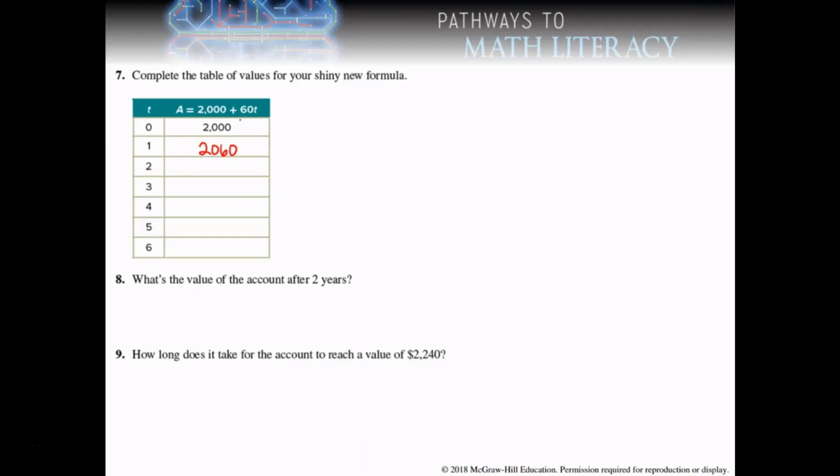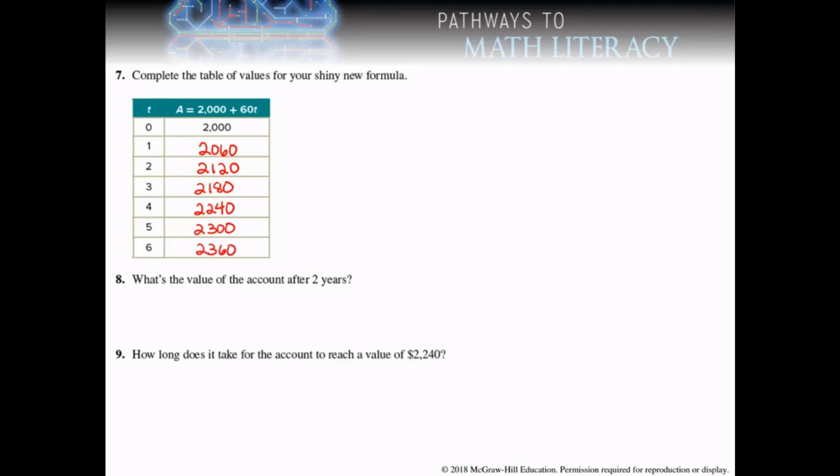And you can see that we're just adding $60 for each additional year. So then we'll have 2,180, 2,240, 2,300, and 2,360.